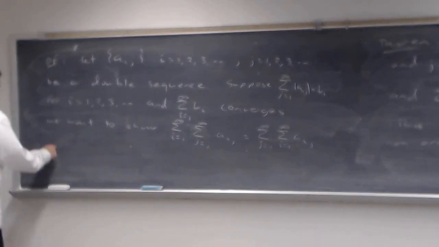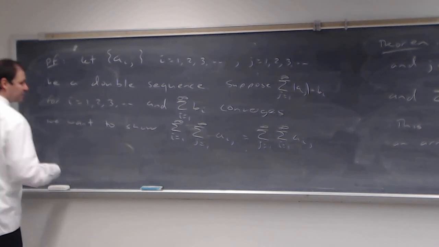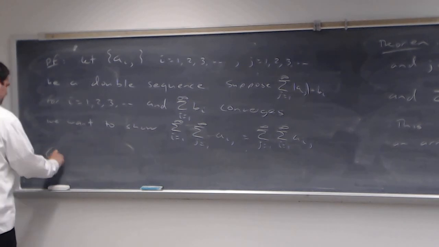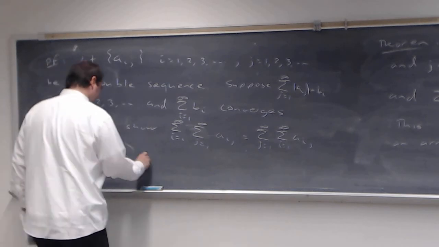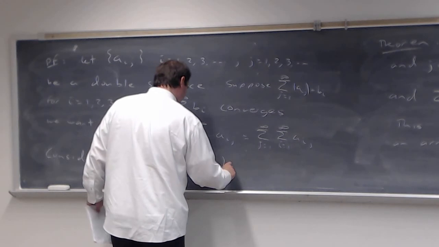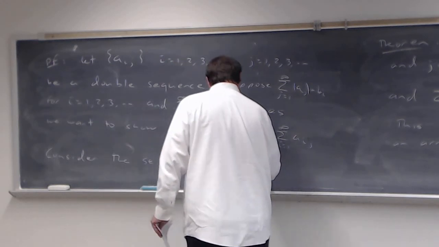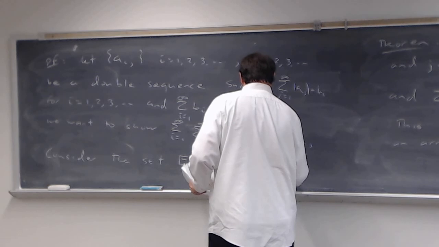Well, what we're going to do is do this in a very constructionist type way. We're going to consider the set E equal to the singleton 0 union the set of objects 1 over n, where n runs from 1 to infinity.